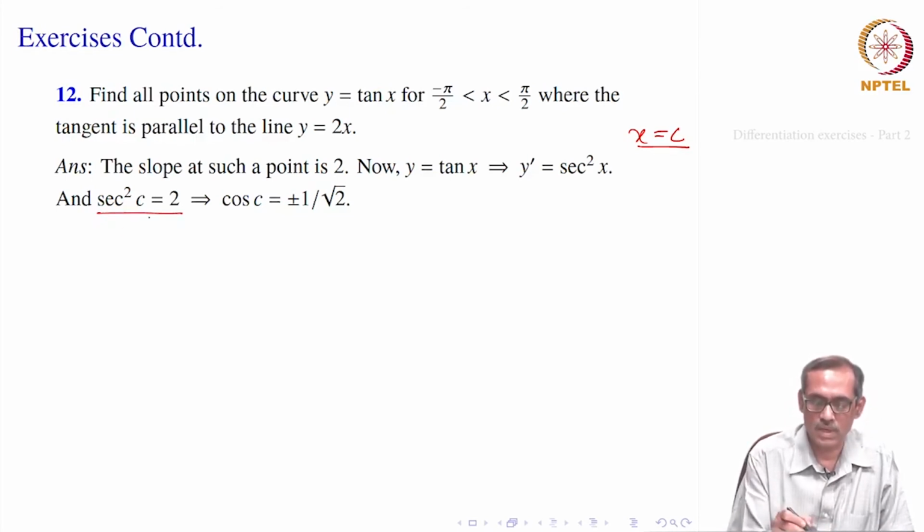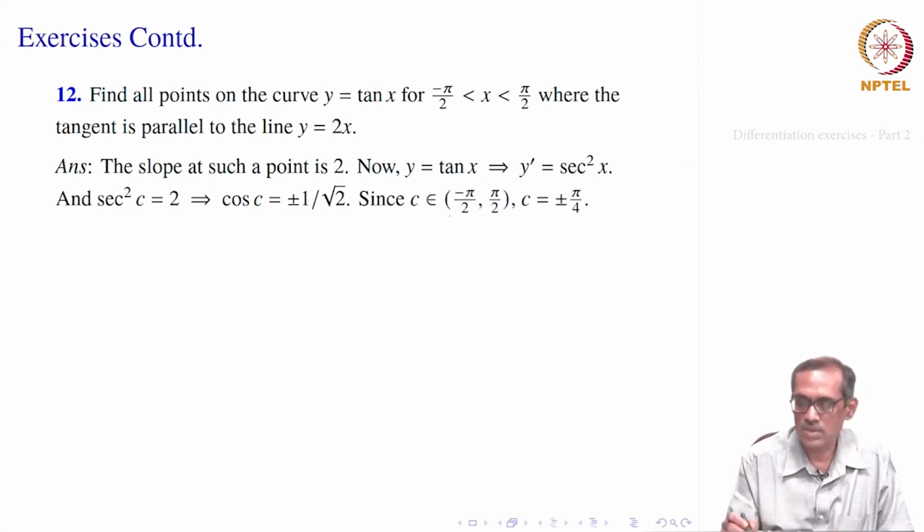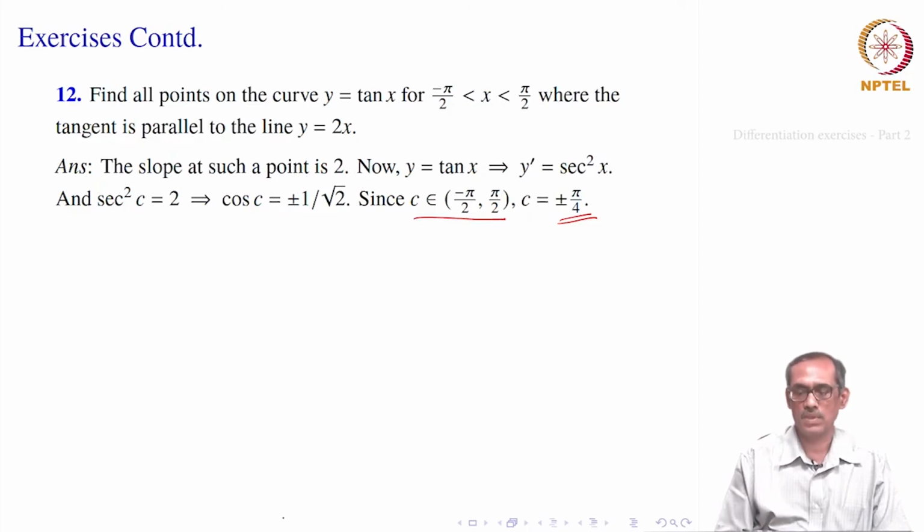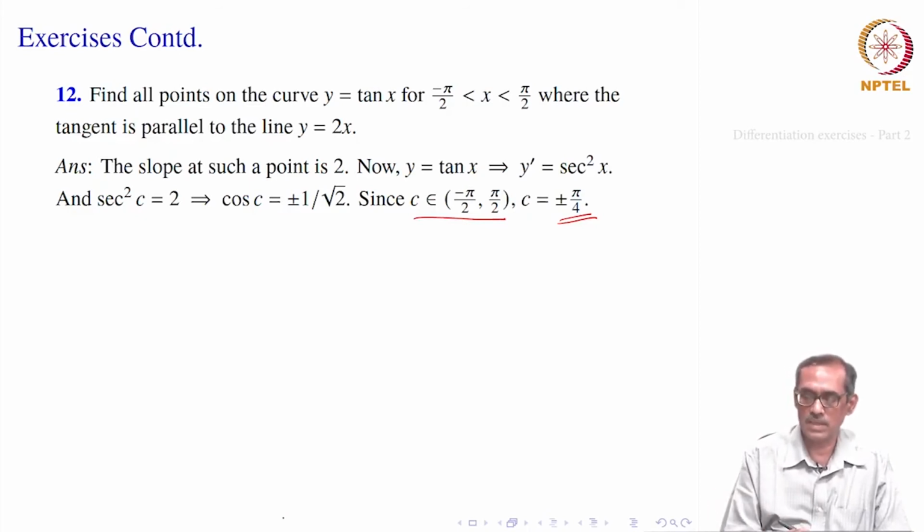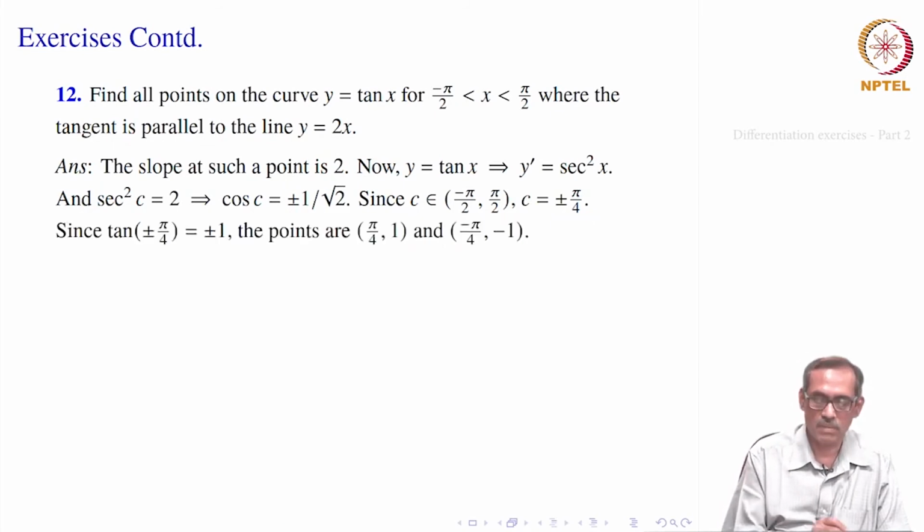So, 1 by cos square c equal to 2, or cos c will be plus or minus 1 divided by root 2, fine. Since c belongs to minus pi by 2 to pi by 2, c must be plus or minus pi by 4, that is what we say. So, from the slope itself we get the hint that c must be plus or minus pi by 4, and that is it.